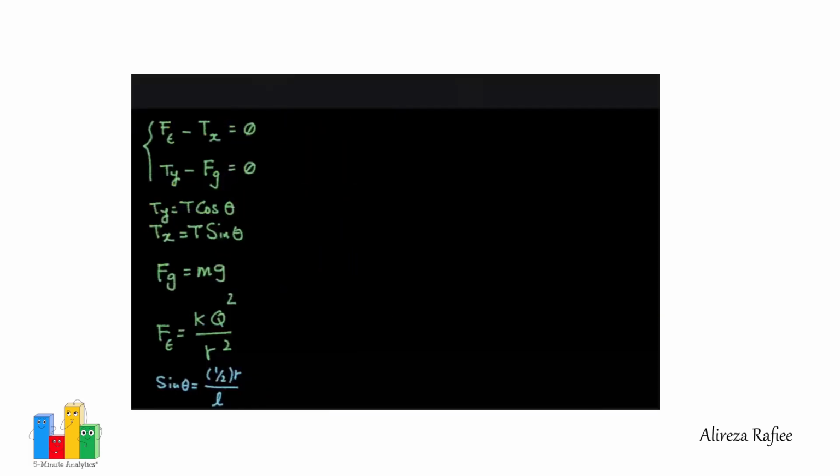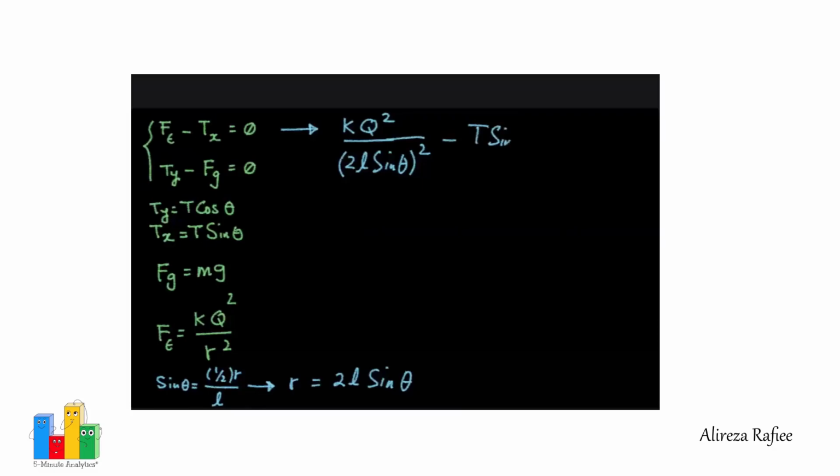Okay, now let's combine them all together. So from the first equation, we will have k q squared divided by r squared, but I can calculate r from here, so it becomes 2L sine of theta. So I will replace it here with 2L sine of theta to the power of 2, minus T x, which is T sine of theta.